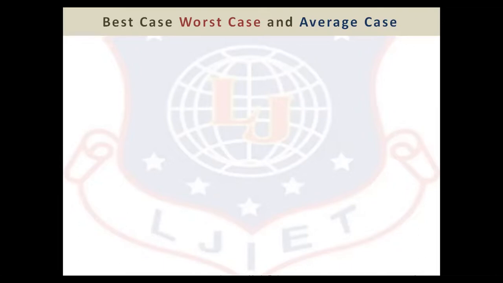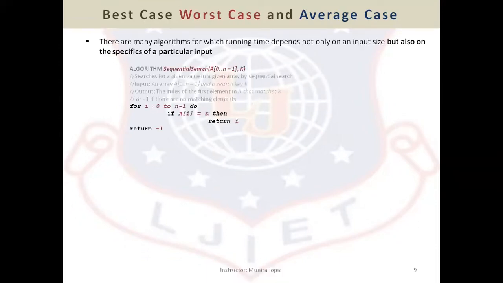So the algorithm looks like this. For i equals 0 to n minus 1, sequential search takes 0 to n minus 1 elements, that is n elements under the name A, and key k.